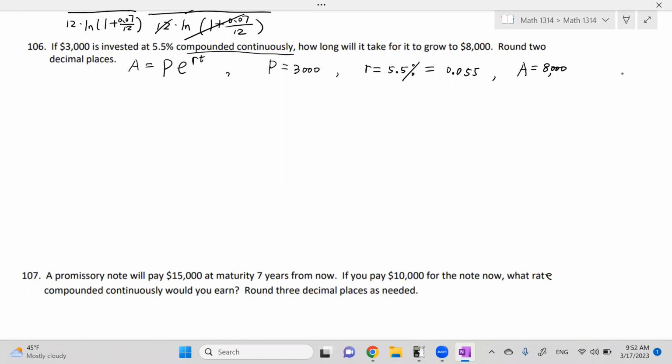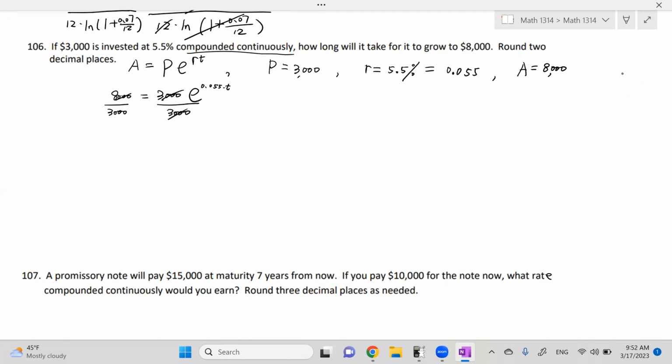All right, let's plug all the information into the formula. So 8,000 equals 3,000 times e to the rt. r equals 0.055. t is unknown. I'm looking for t. First step, I can get rid of the 3,000 on both sides.